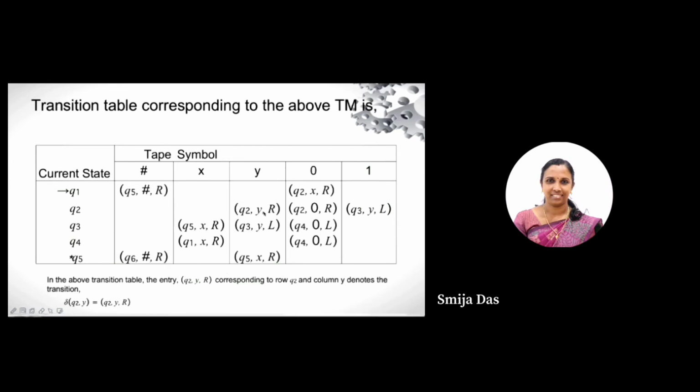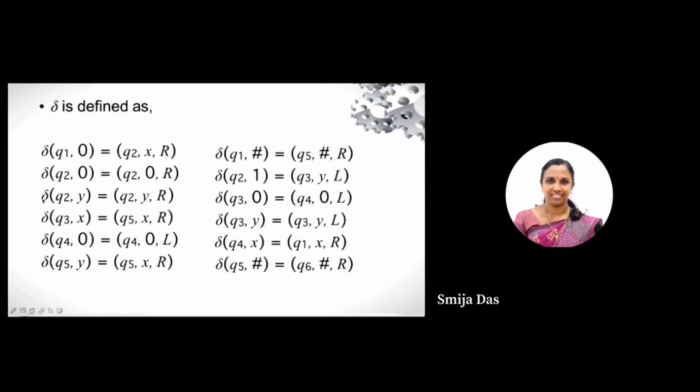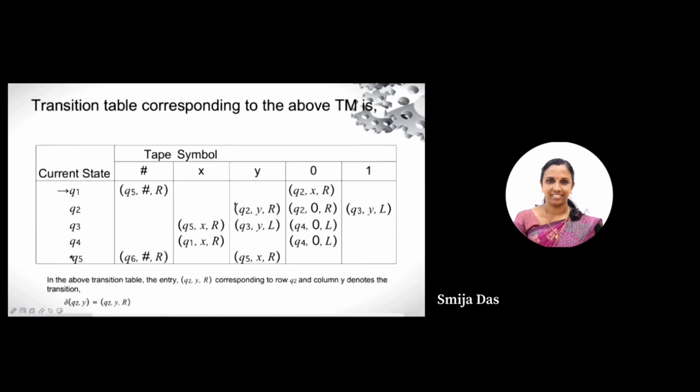Here the entry Q2 Y R, corresponding to the row Q2 and column Y, denotes the transition delta of Q2 Y equal to Q2 Y R. So from the current state Q2 under the column Y, we can write Q2 Y, right movement, because the transition function is already defined for Q2 Y as Q2 Y R. So in this way we can represent the transition table entry.